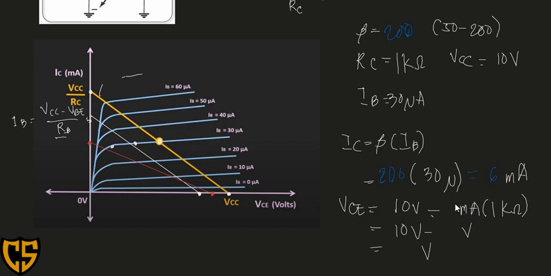Then, 10 minus 6 milliampere times 1 kilo ohm, this will be 6 volts. So, aton nga final answer will be 4 volts. So, imbis this one we are going to have diri nga value somewhere diri nga value for our VCE, then ang para sa ato naman nga IC which is 6 milliampere for example. So we have this one.